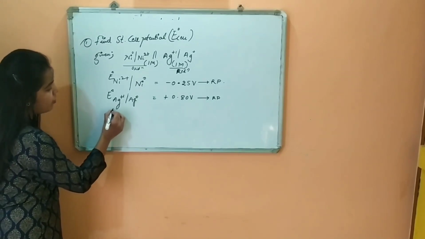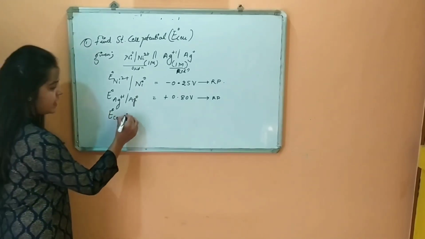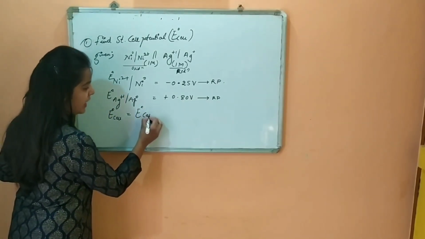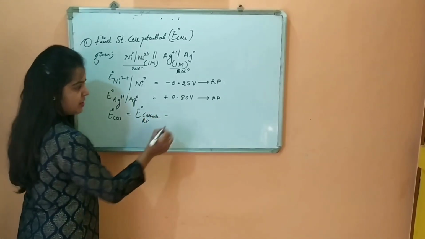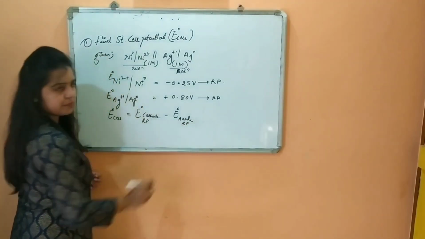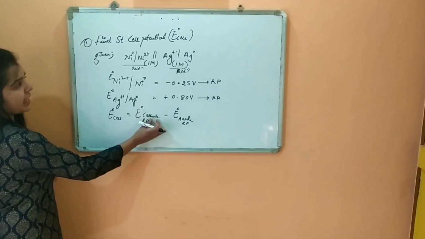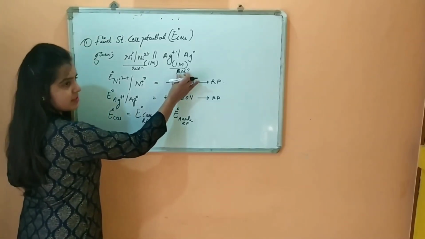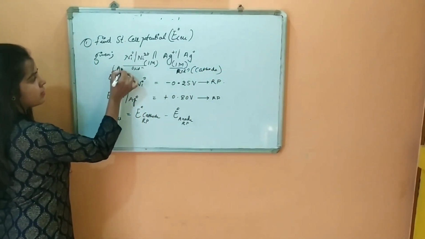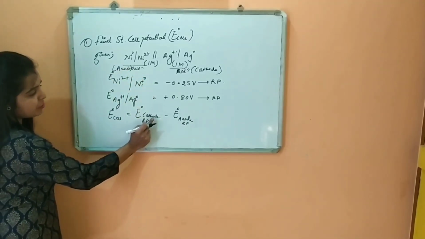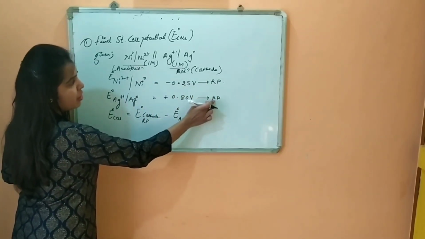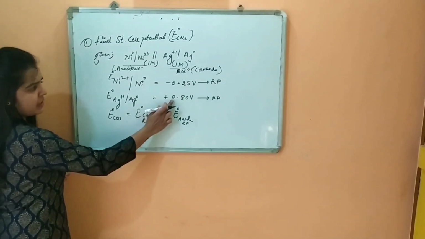Now, standard EMF of the cell says standard reduction potential at cathode minus standard reduction potential at anode, isn't it? Now, who is at the cathode? Cathode is this, isn't it? And who is anode? This. Reduction potential of cathode is given here. How much is that?